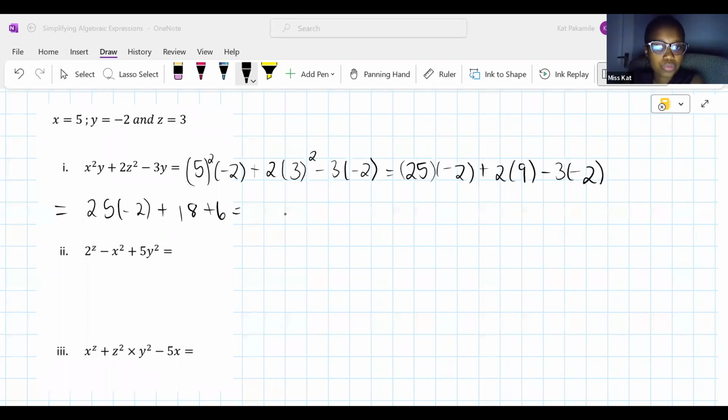I got negative 50. Negative 50. So it's negative 50 plus 18 plus 6. And that will be? So it's negative 50 plus 24, which I got negative 26.